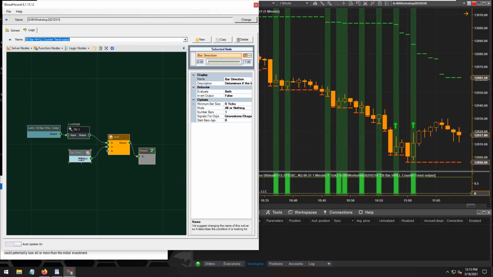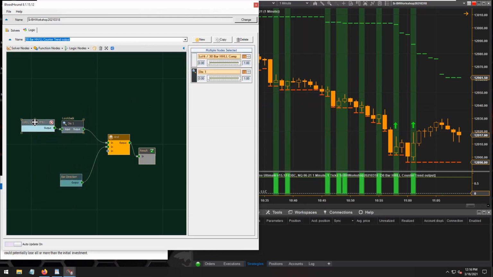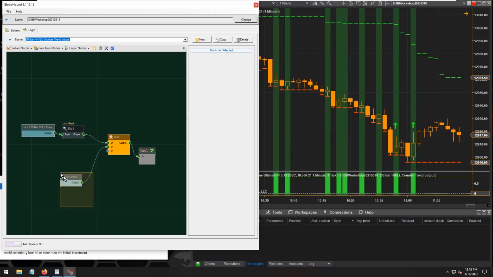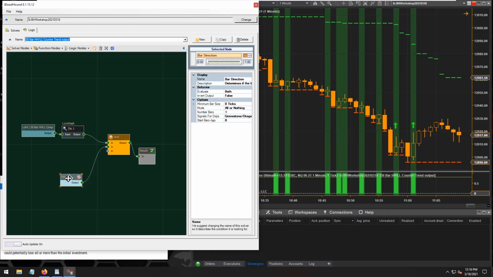You could replace this bar direction with something a little more intricate, more complex. If you're looking for more complex situations like that, you just replace the bar direction with whatever your other secondary conditions are. So your primary condition is looking for lower lows or higher highs, and then your secondary condition is finding that triggering mechanism.